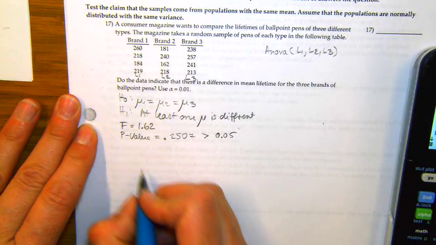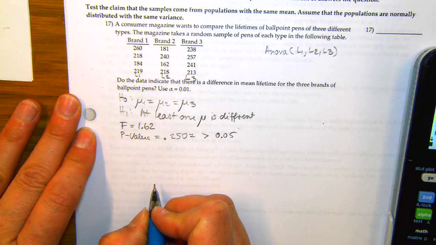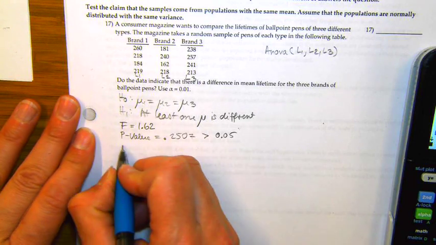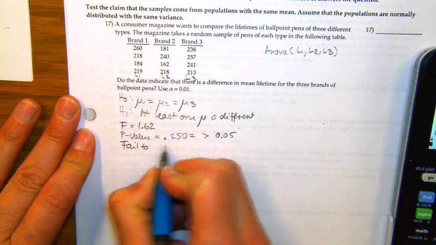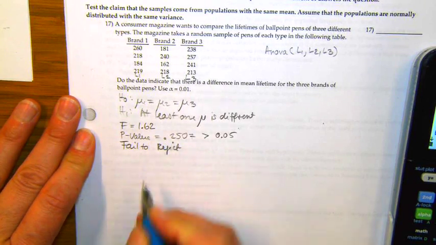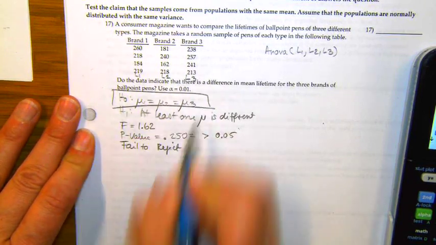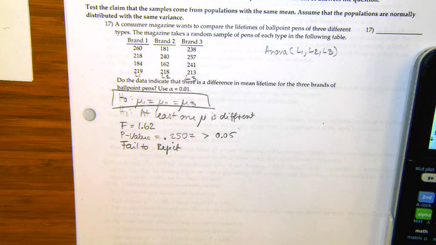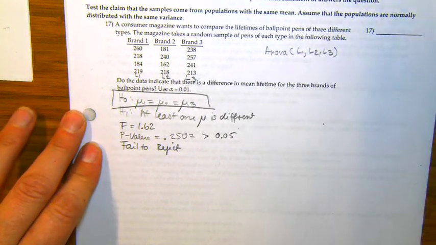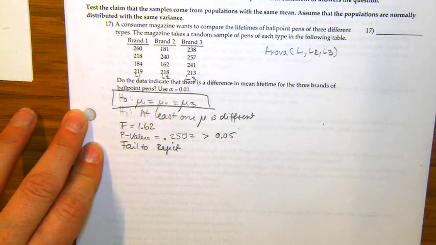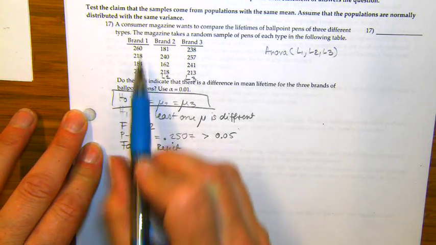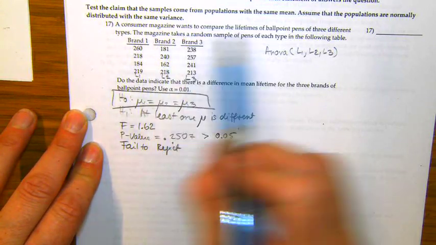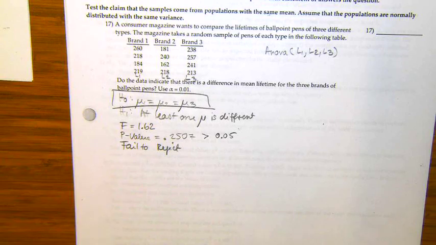So over here, our conclusion is what? Fail to reject the null. So our claim was, let's see what the claim was, that these 3 samples come from a population with the same mean.